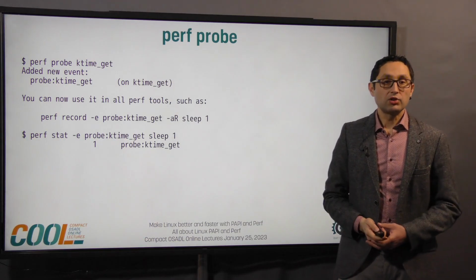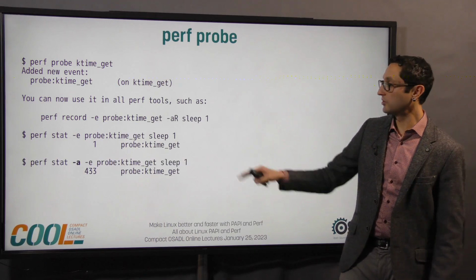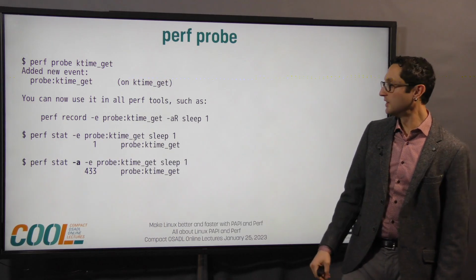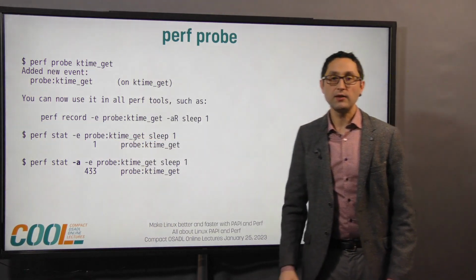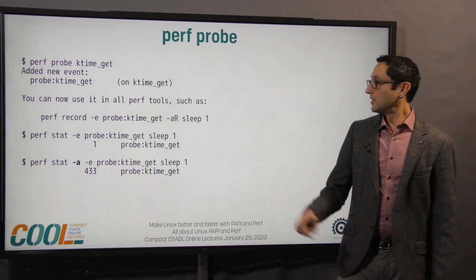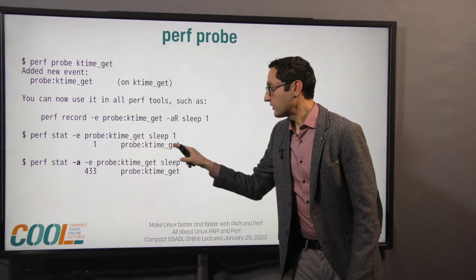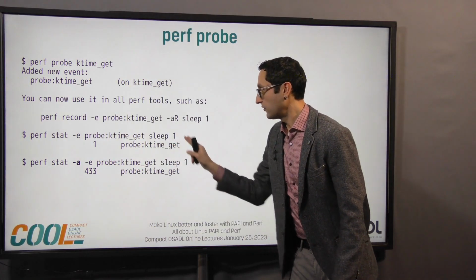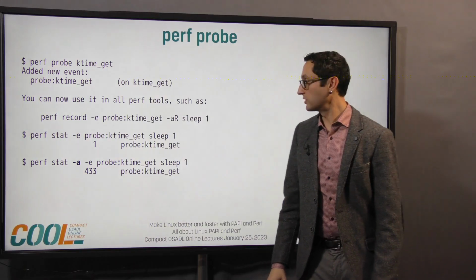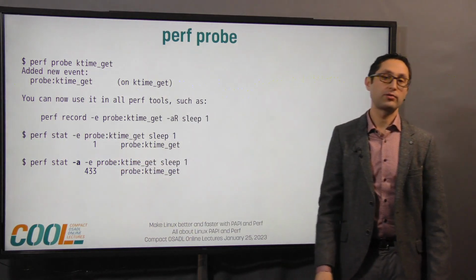We can slightly adjust this command. I've just added the -a parameter right here. And what we can see is that there is now a significant difference. Right here, we hit that function just once. With this command, during the same runtime of sleeping for 1 second, we hit the very same function 433 times.